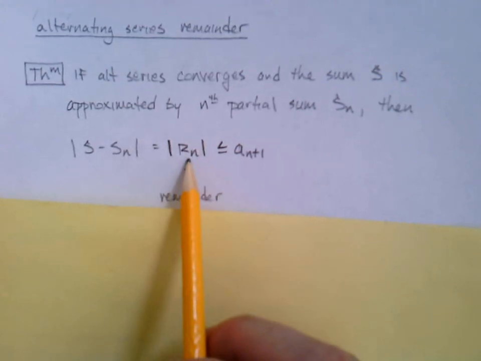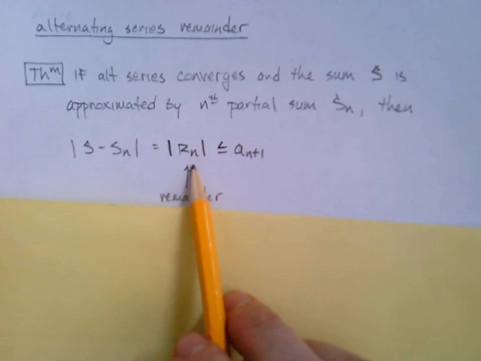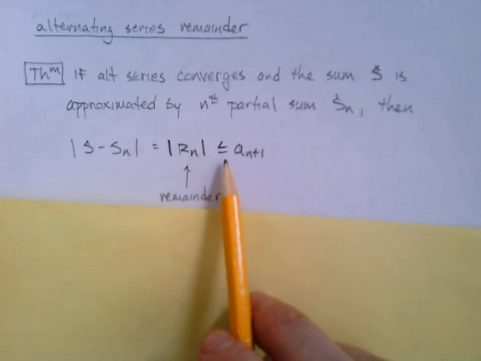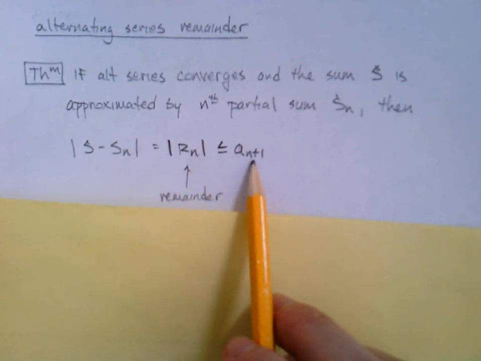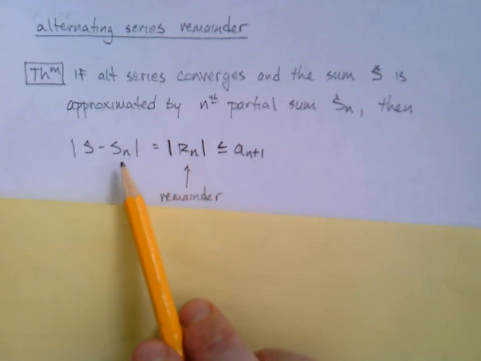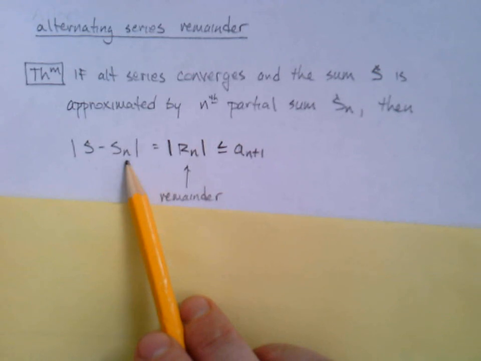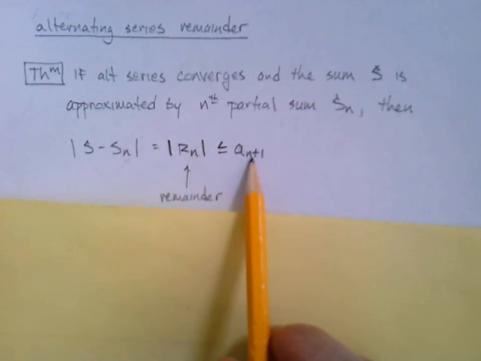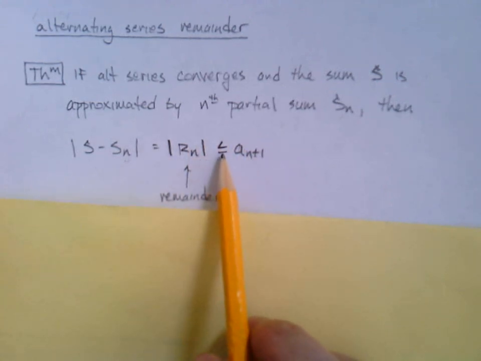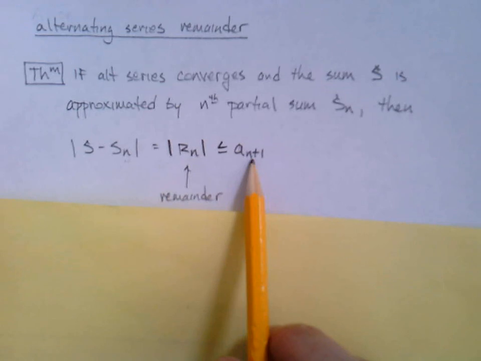That difference is R sub n. And this is the cool part. It's always less than or equal to the value of the next term after we stopped taking the partial sum. So if we take the partial sum up to n, then if we take one more term, that remainder is always less than or equal to that next term.